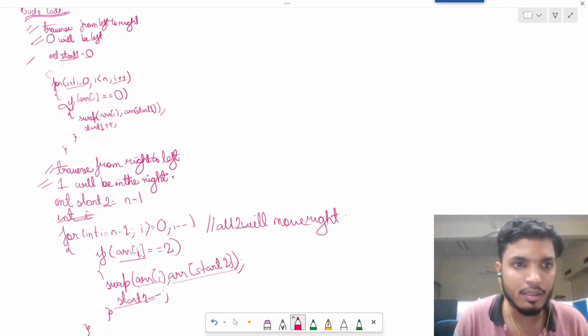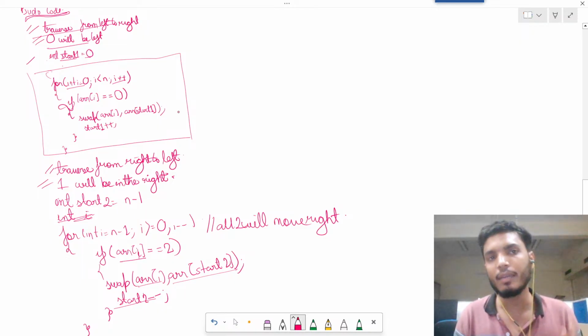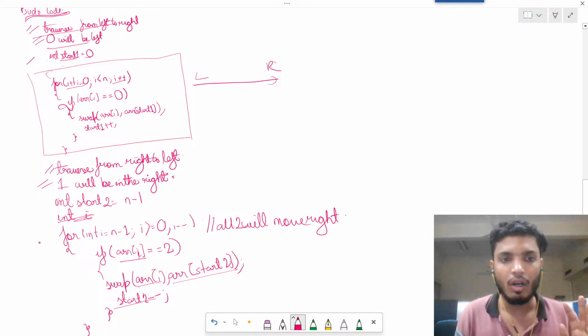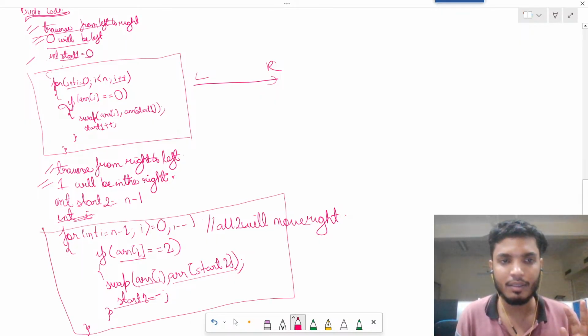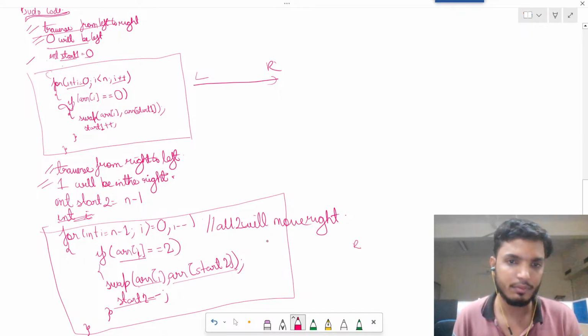Here this traversal will move all the zeros to the left. And similarly, here I am traversing from left to right, and all the twos will move right. Here all the twos will move right, so I am moving from the right to the left.